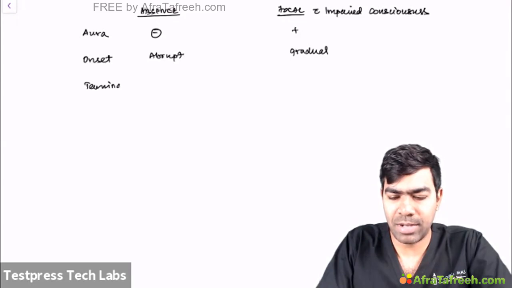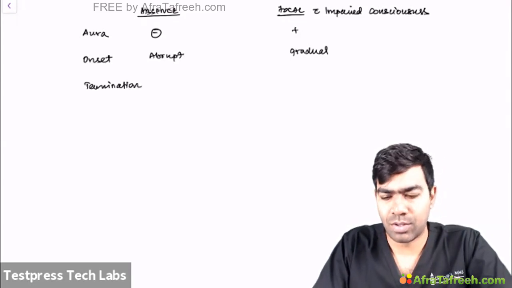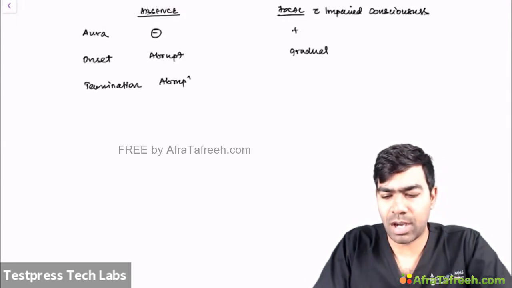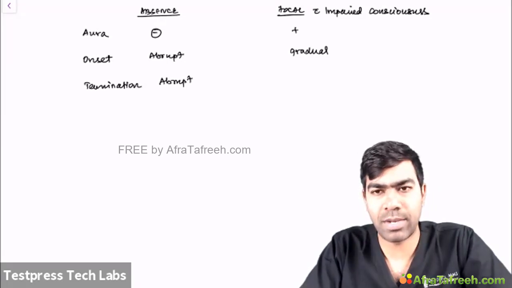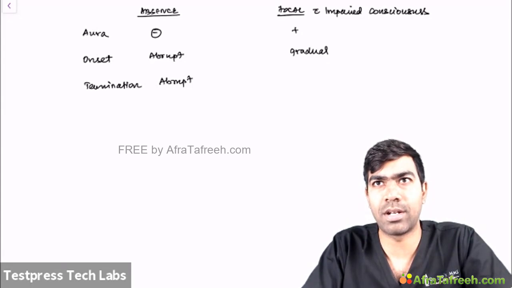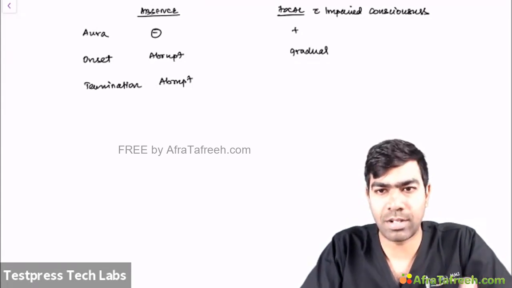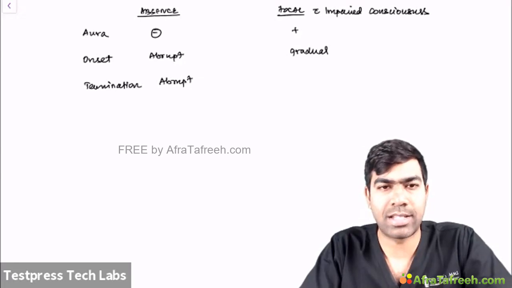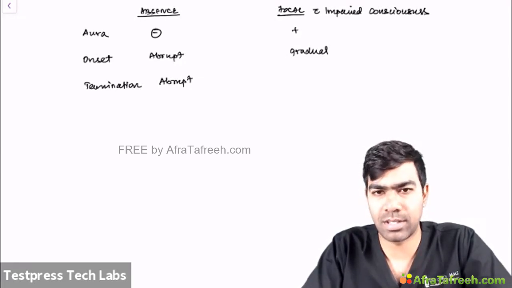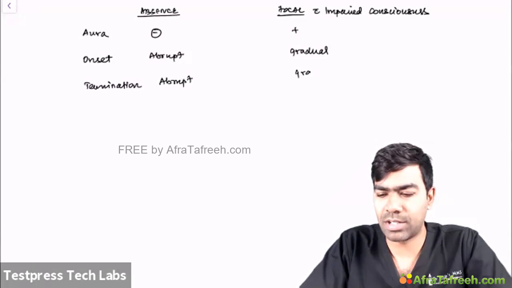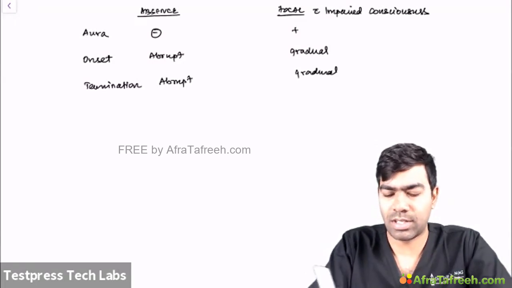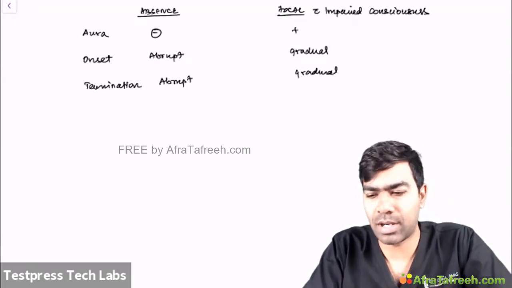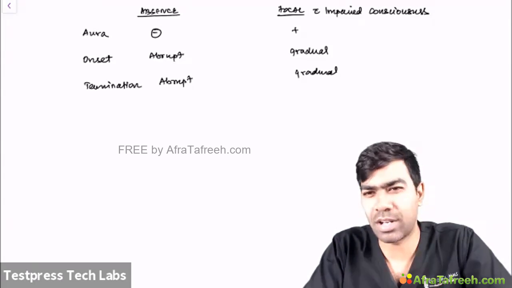As far as the termination is concerned, absence again is going to be abrupt. That's why I told you to imagine a pause-play situation, where there is a sudden pause of the brain, then you can start playing the brain. So it's like a remote control situation. That's going to be the classical feature of an absence seizure. And once again, the termination is going to be gradual in the setting of focal with impaired consciousness, which means they're going to have some kind of post-ictal state.